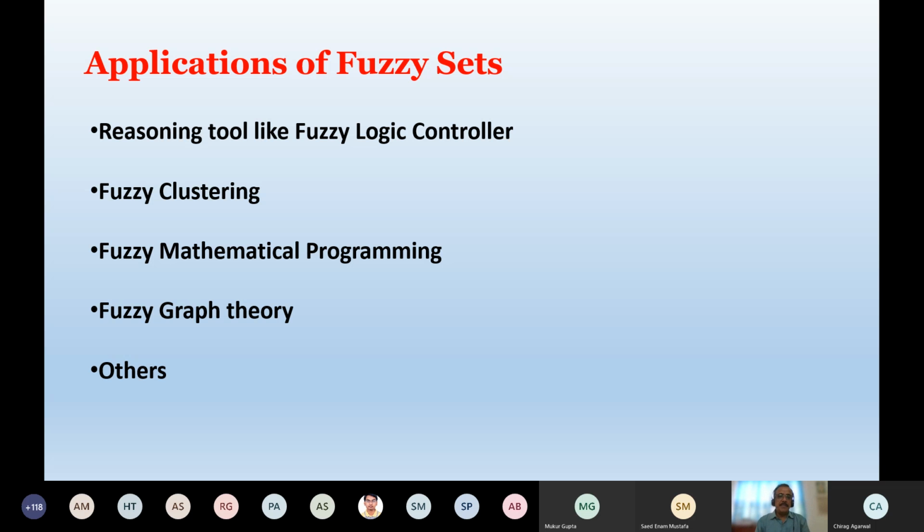Now, fuzzy sets have been used efficiently to develop a reasoning tool called the fuzzy reasoning tool, very popularly known as the fuzzy logic controller or FLC. The purpose of this reasoning tool is to establish the input output relationship of a process both in the forward as well as in the reverse direction.